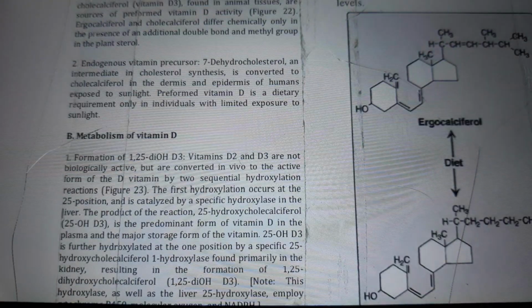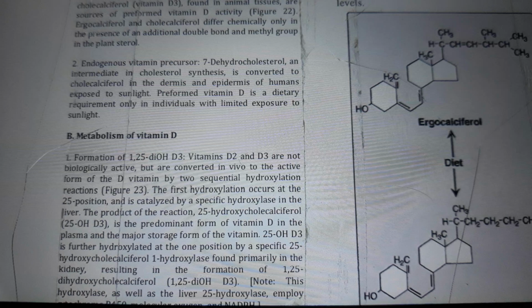Distribution of vitamin D. The diet: ergocalciferol, vitamin D2 found in plants, and cholecalciferol, vitamin D3 found in animal tissues, are sources of vitamin D activity, figure 22, as you see.